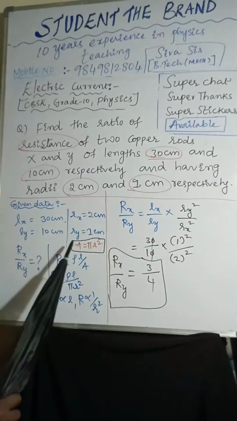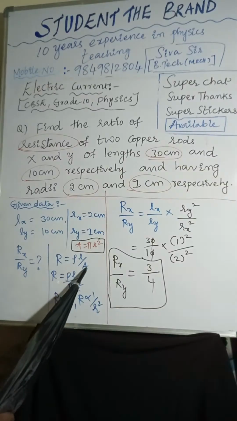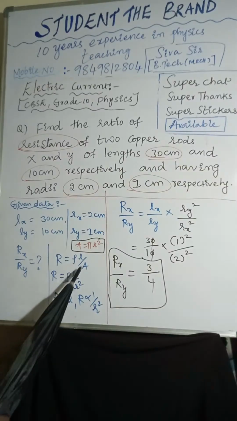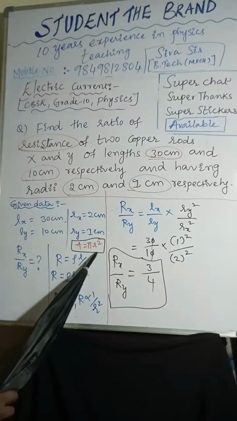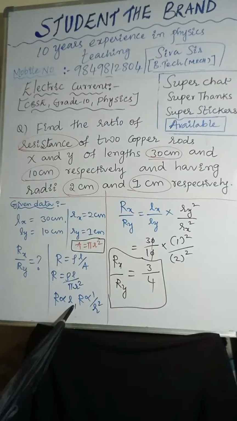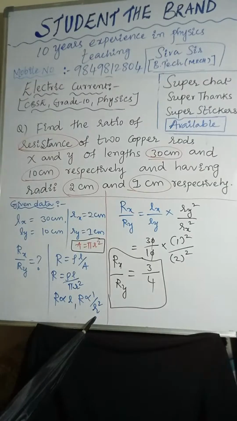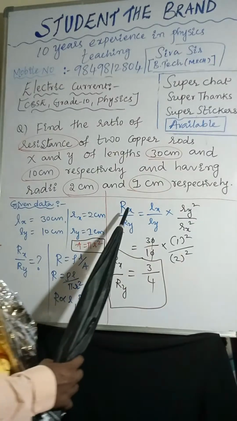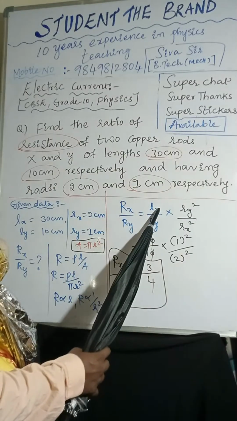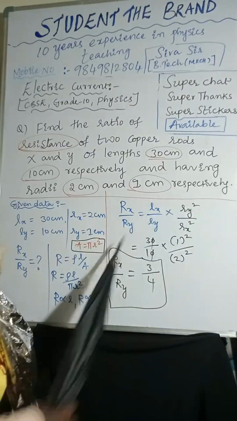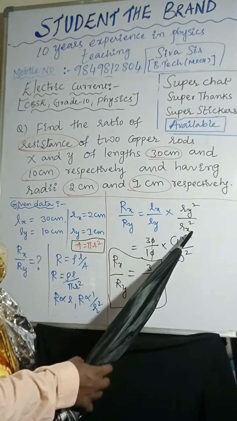For that, the formula is R equal to rho into L by A. R equal to rho into area, area is pi R square. So R is directly proportional to length. R is inversely proportional to radius. Here, that's why Rx by Ry equal to Lx by Ly into Ry square by Rx square.